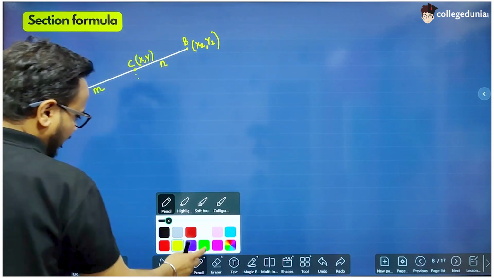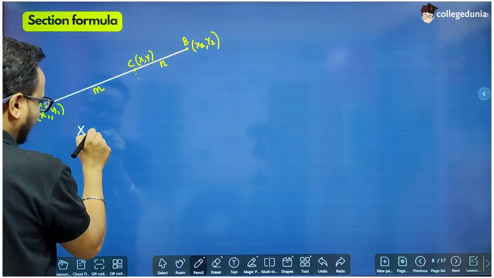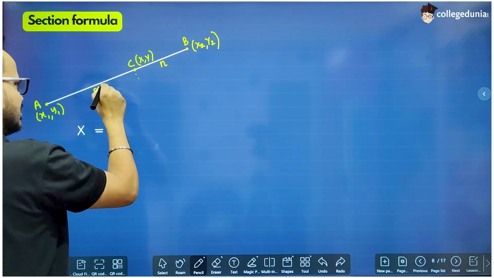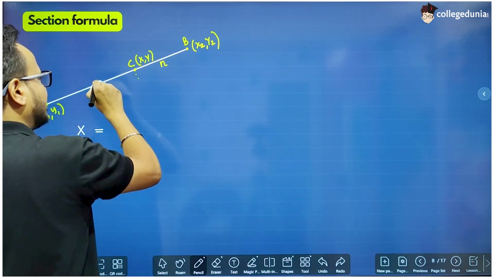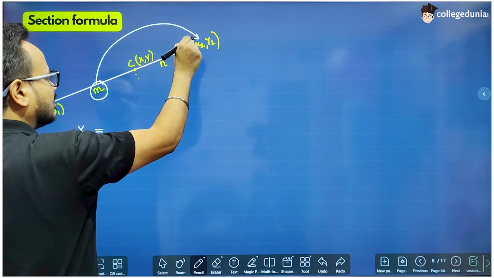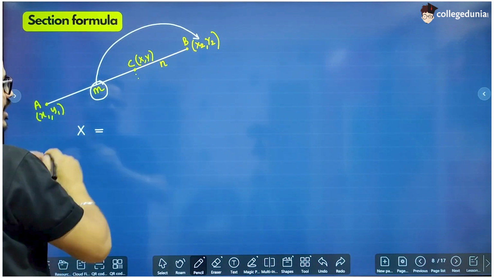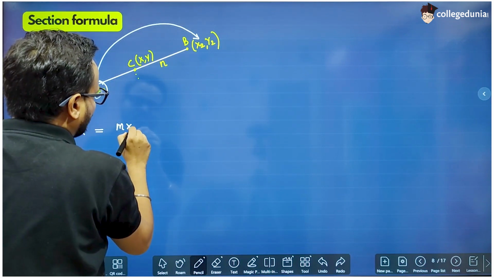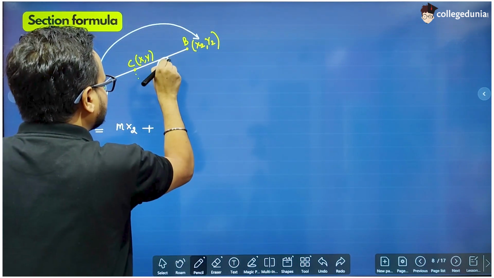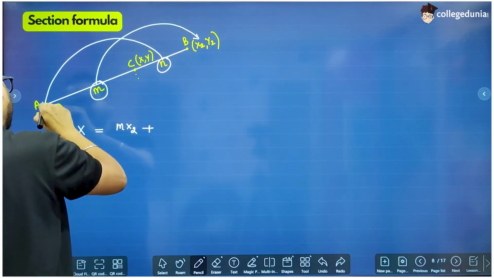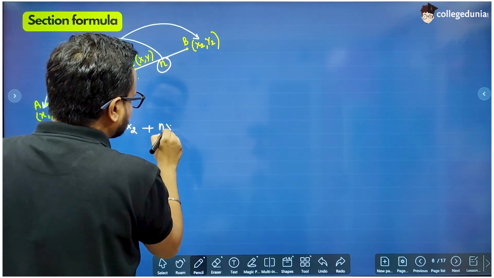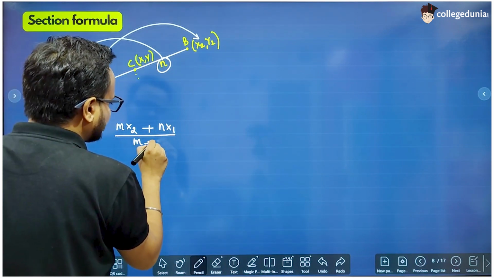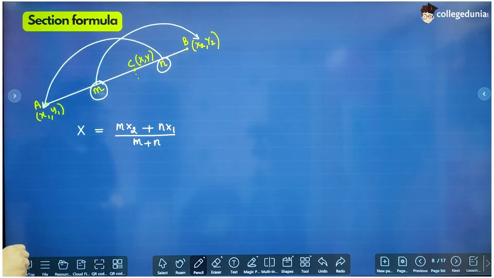So what is section formula? Coordinates of C are, x coordinate is what? You will take this ratio and multiply it with the x coordinate of the other side point. mx2 plus, take this ratio and multiply it with this, nx1, divided by m plus n.